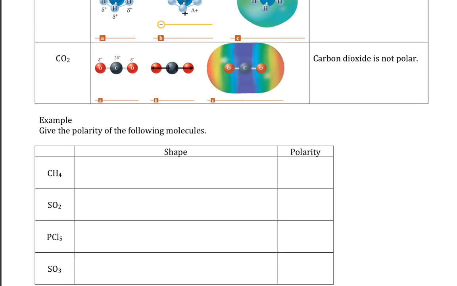So if we were to draw the picture with the red and the blue, what we would see is, yes, the red is by the O and the blue is by the C, but it's balanced. And what that means is carbon dioxide is not polar. It is a non-polar molecule. If we put it into that electric field, there would be no organization. The CO2 would be all random in there.